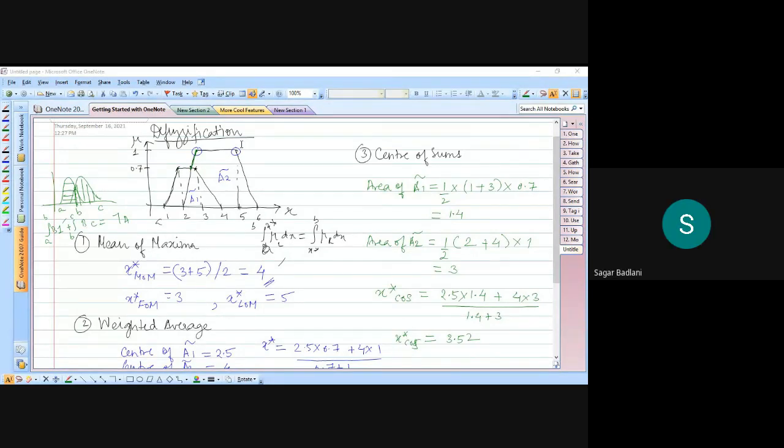Yes. Okay. And ma'am, for the center of largest area also, we can use in this one, right? Now, center of largest area can be applied. What happens in this case is, if it is non-convex, then you have to divide into convex regions and apply the centroid method for the largest area. That is the idea of center of largest area. So if this is the entire region, is it non-convex? No, it is a convex region. Since it is a convex region, center of largest area is equal to the centroid, the answer that you got by centroid.